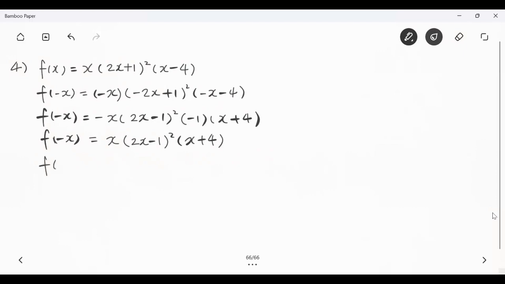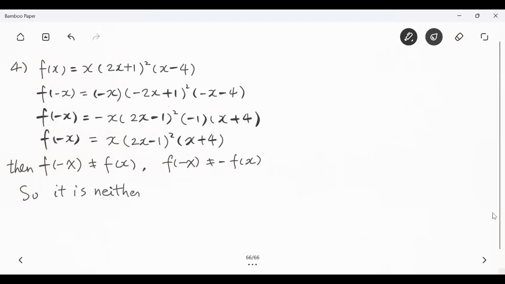We found f negative x not equal f x, right? It's not the same, right? The first term same, but the second term is not the same. The last term also not the same, right? And also f negative x not equal negative f x. So it is neither. Right? This is the answer for number 4.